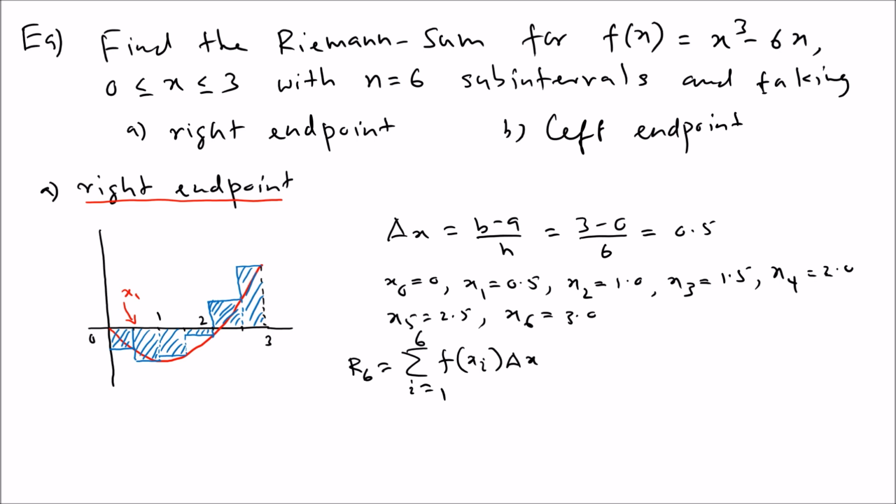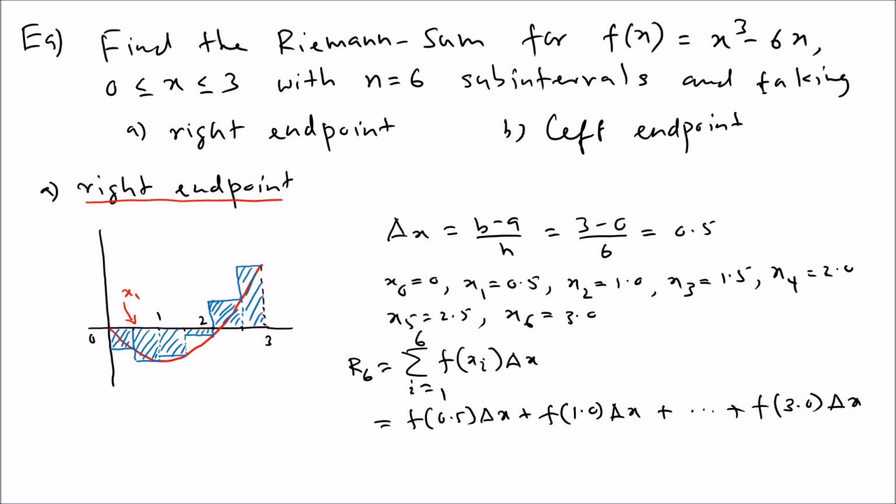So let's plug that in. If we expand this, the first value is f of 0.5 times delta x, plus the next value, f of 1 times delta x. So keep adding all of them. The last one is f of 3.0 times delta x.